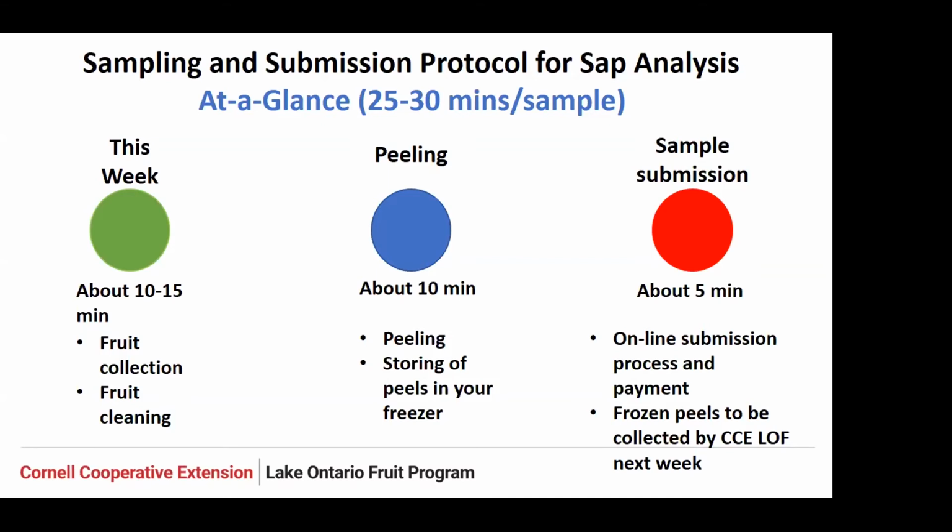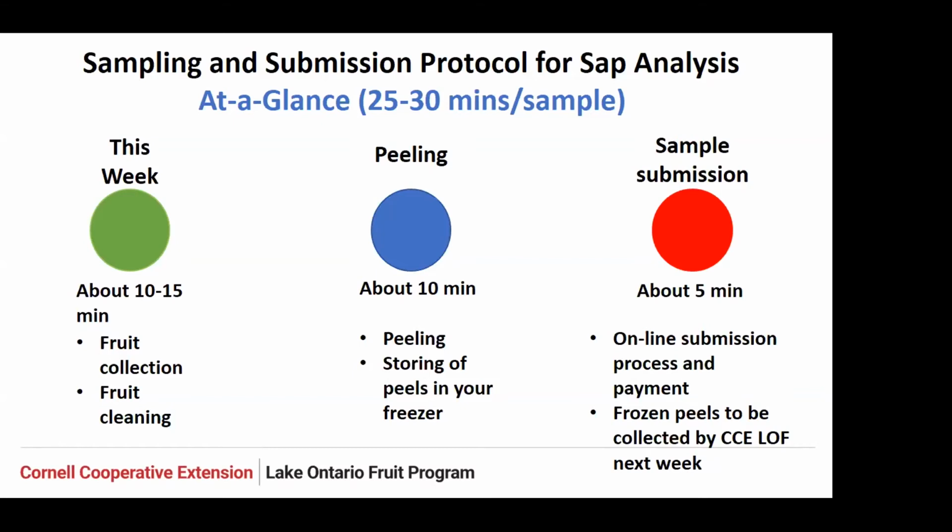And later, next week, we're going to go to your site, to your packing house, or to your farm, and we're going to pick up those frozen peels, and we're going to transport all the peels from the Lake Ontario fruit region next Wednesday to Ithaca. So that's just to give you a quick, brief idea of how we want to do this.